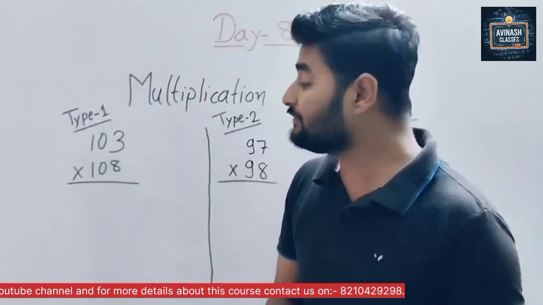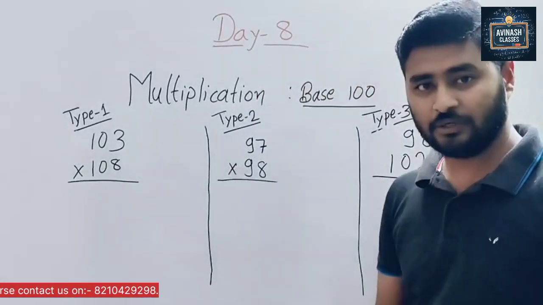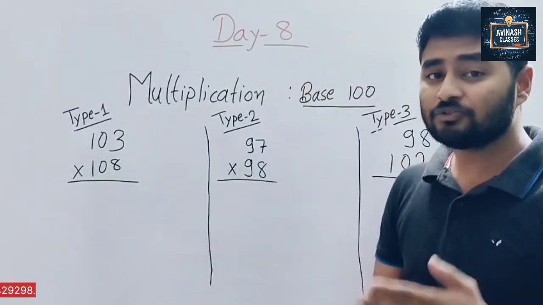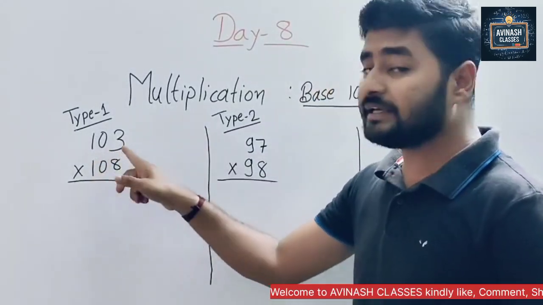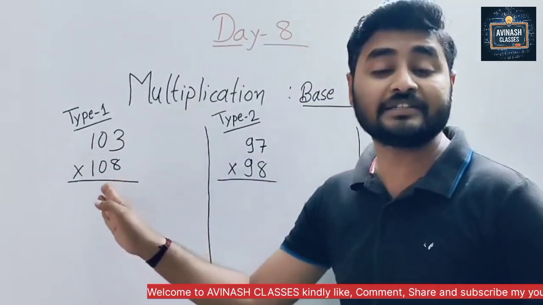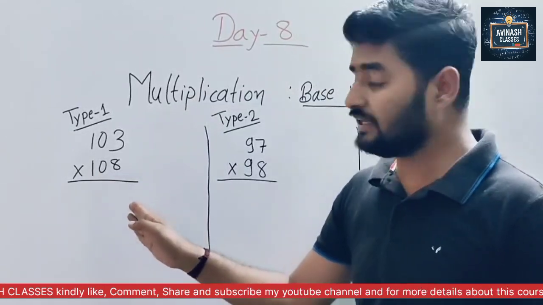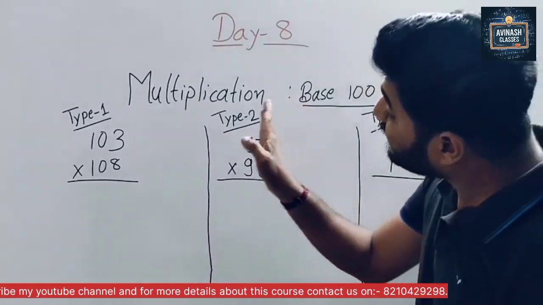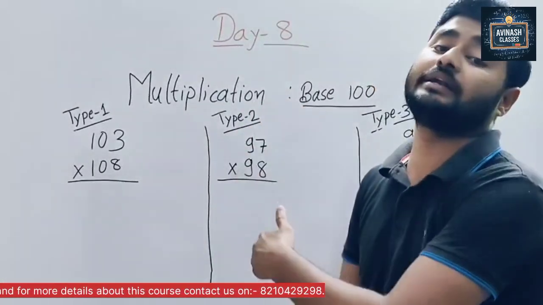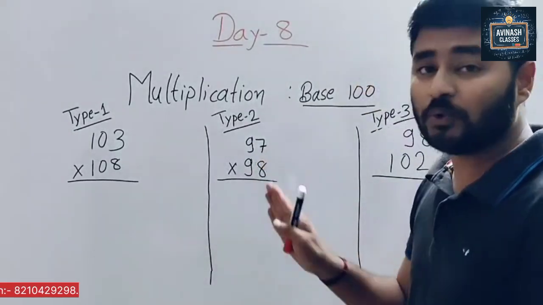Can you tell me the difference between type 1, type 2, and type 3? Please check and tell me. In type 1, both numbers are more than 100. In type 2, both numbers are less than 100 but near to 100.